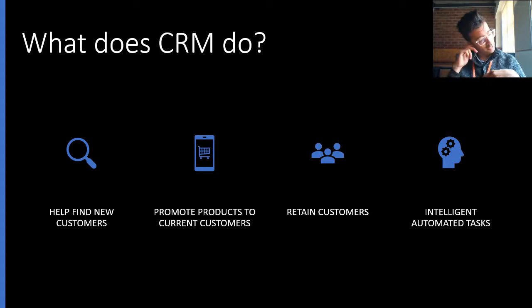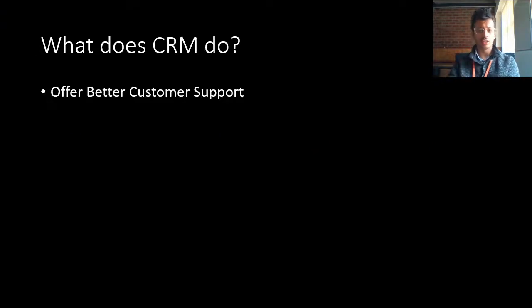So there are some other things it does as well, like offer better customer support. Because essentially the role of it, even though it's to improve profitability, it is made in a way to make sure that we keep the customers and we provide best service or support to the customers. So when you have any issue with any company, you have an option to send a mail.